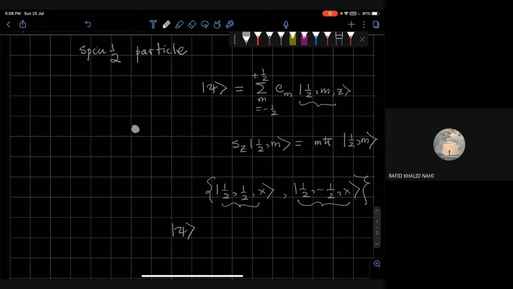I'm not asking about a simultaneous eigenbasis. What I'm saying is, is there an analogous formula like this one, but instead of the basis being the z basis, the basis is the x basis? Could I express psi as a linear combination of these states? I think it's possible. I remember doing something like this in StatMech.